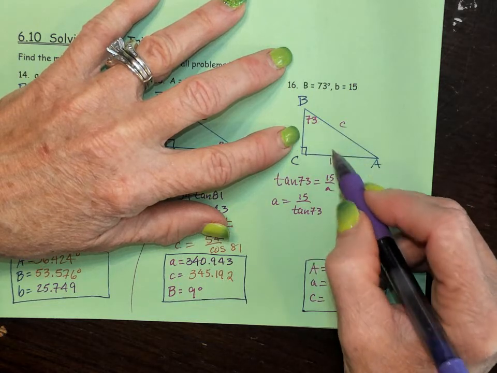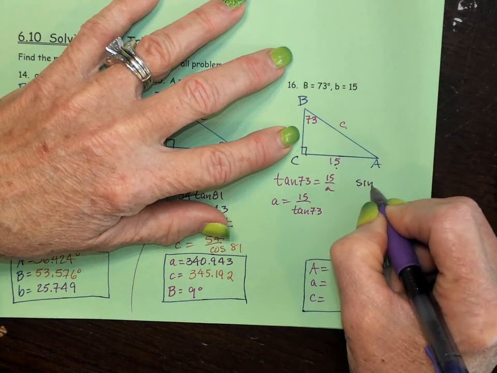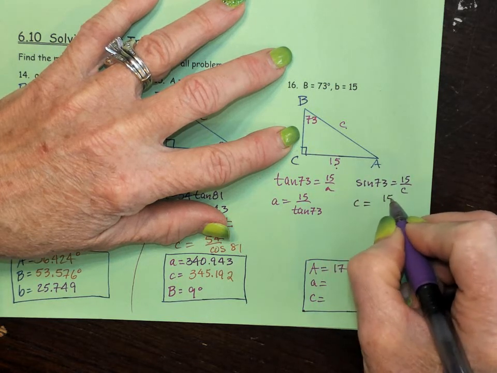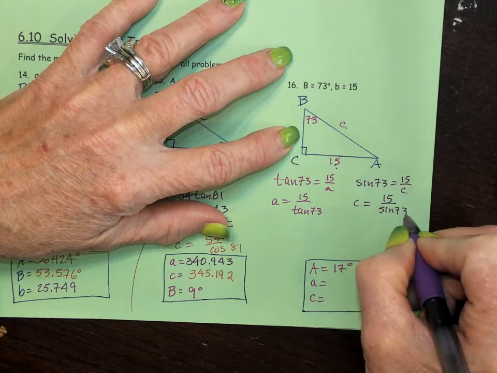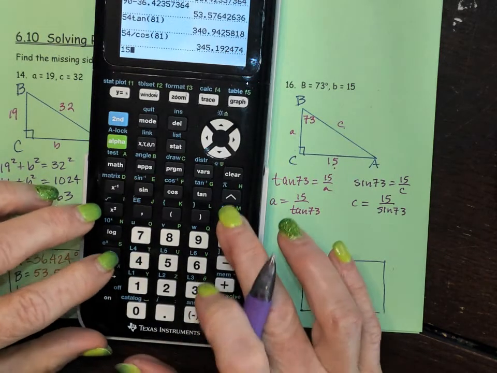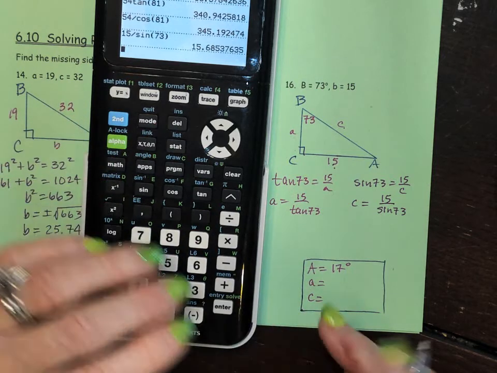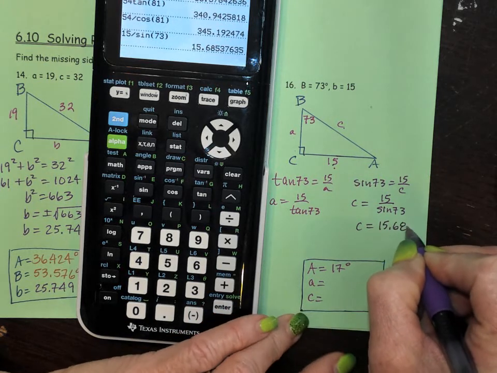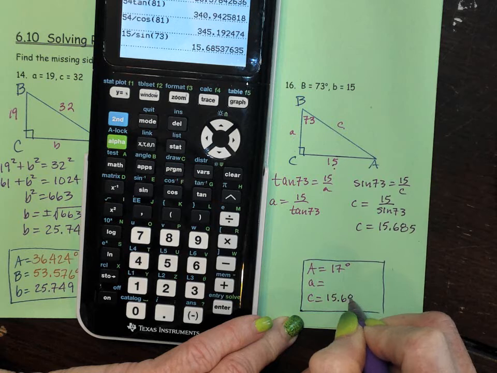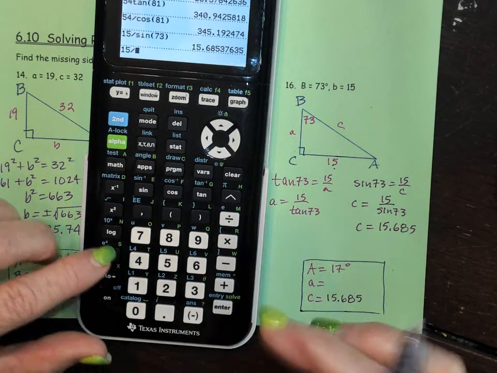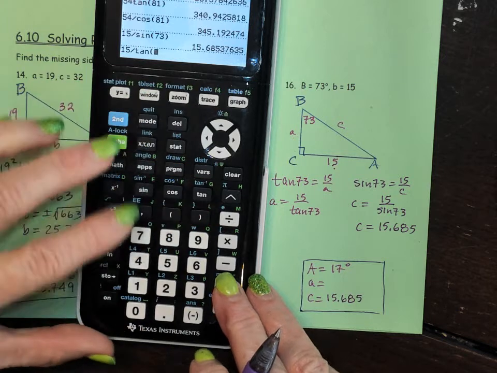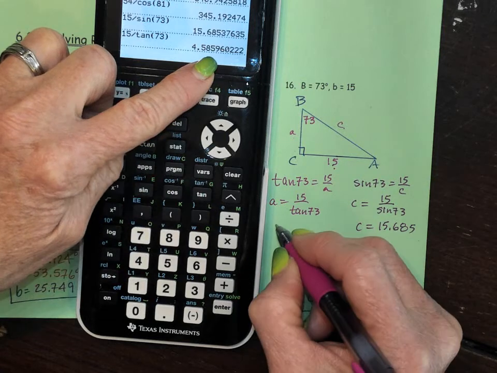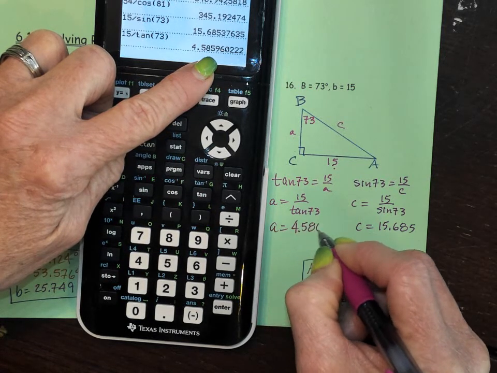To find C, that's opposite and hypotenuse, that's a sine. So C is 15 divided by sine 73, 15.685, that is correct. And then the other one, A, 15 divided by the tangent of 73 is 4.586. And that one is correct.